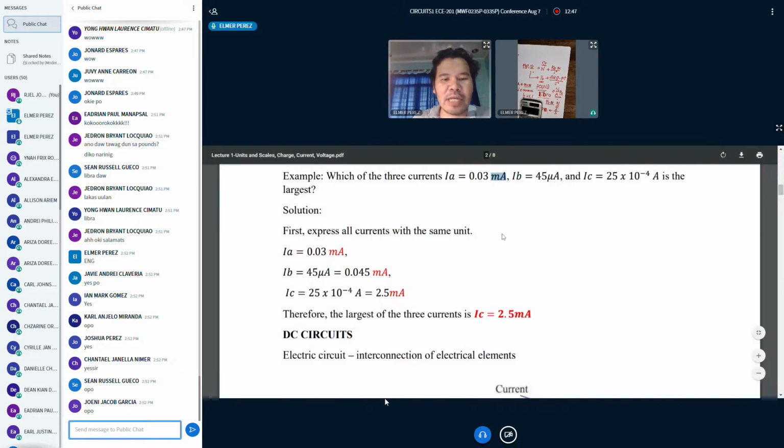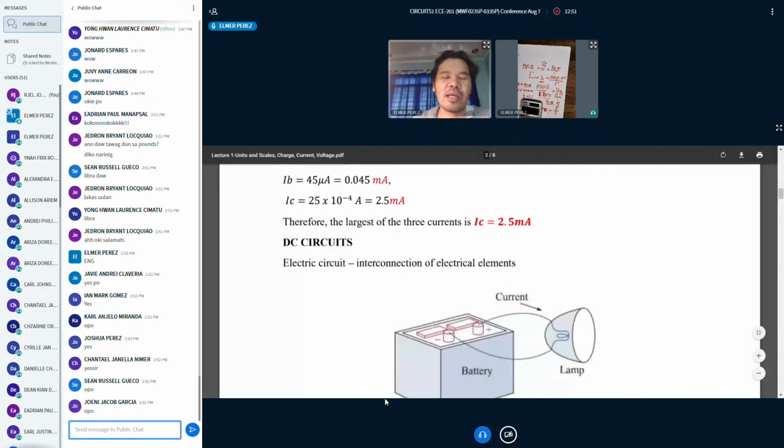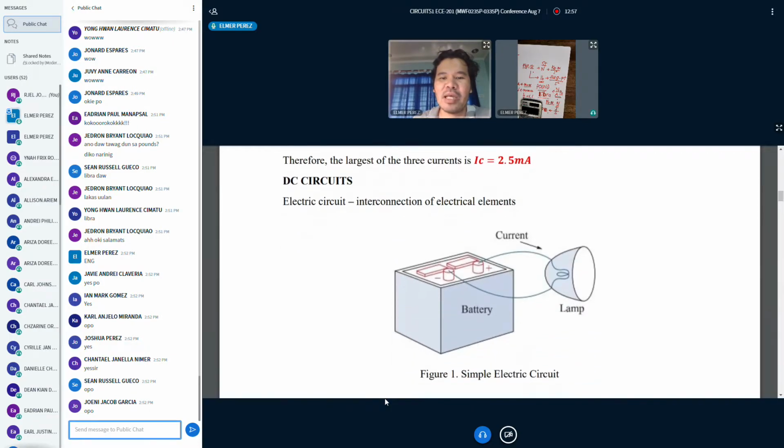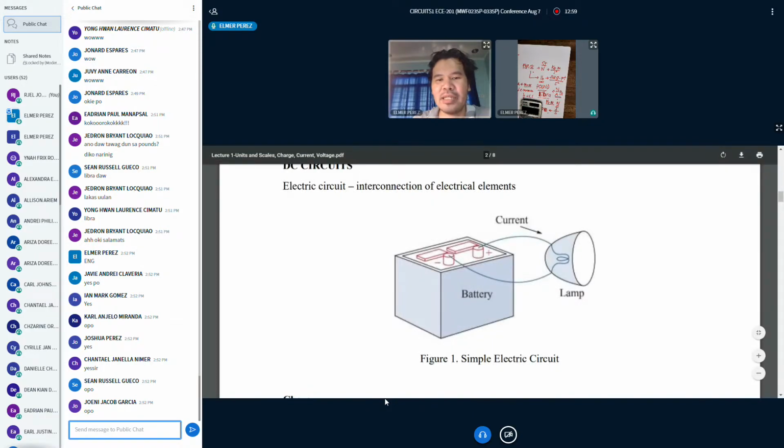Okay, next. Now, what are DC circuits? So, DC circuits, yung uno muna, what are electric circuits? These are interconnection of electrical elements. If we have, let's say, battery, lamp, tapos wire at kinonect natin, this is an example of a simple electric circuit.